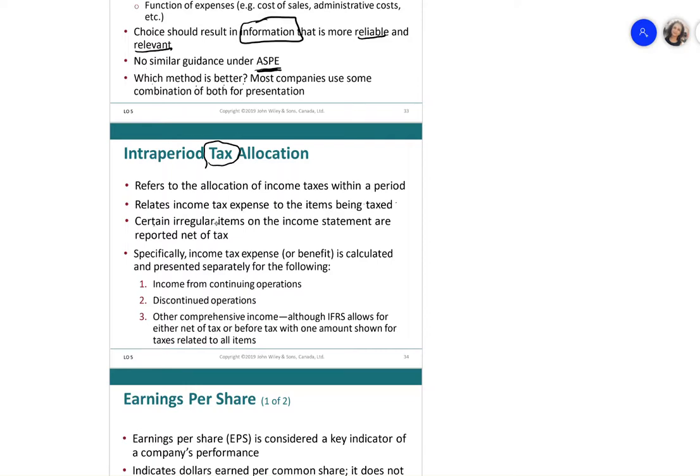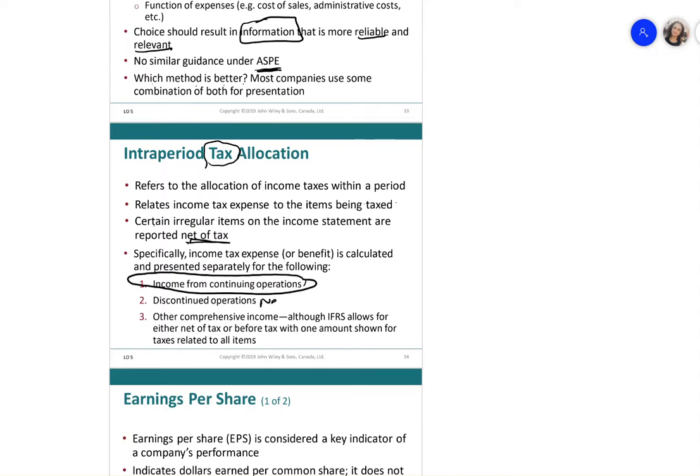Certain irregular items on the income statement are reported net of taxes. Of course, what are the items that are reported net of taxes? Discontinuing operations are reported net of taxes. So that's the other thing. So now income from continuing operation, you pay the taxes at that point.